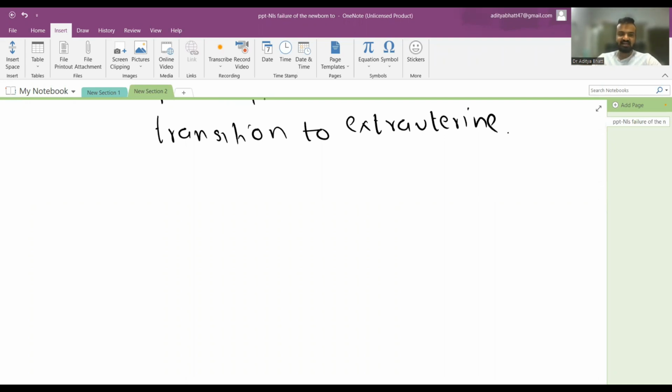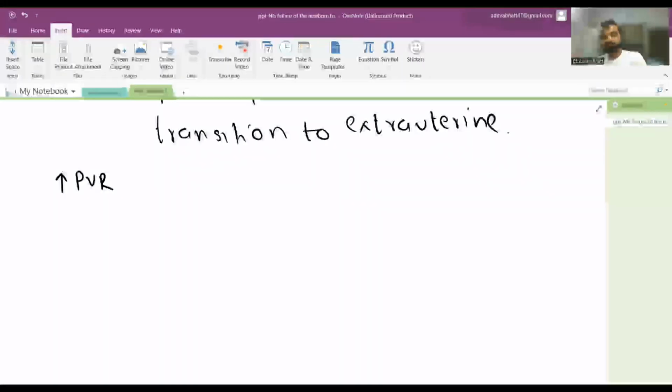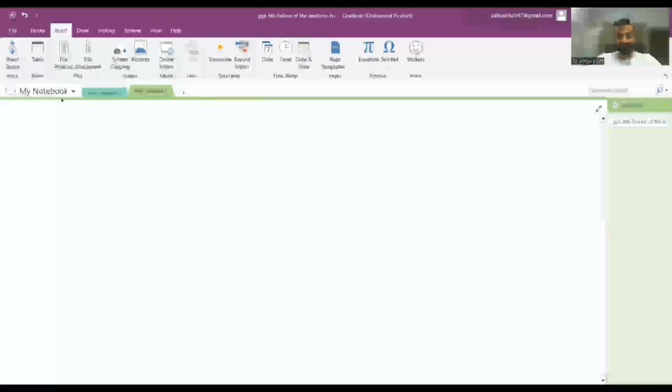So you have to understand that it is due to increased pulmonary vascular resistance, which is meant to fall after the patient is born. The patient takes his first breath, the child cries. After the first breath, the pulmonary vascular resistance will fall. What happens in fetal life is you need to understand fetal to neonatal circulation.